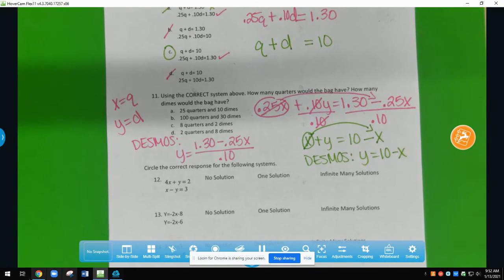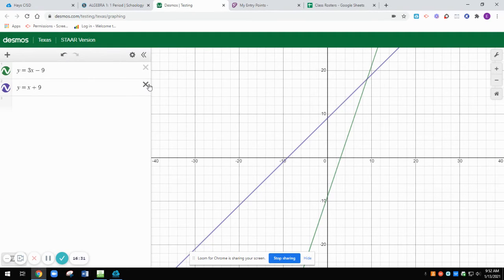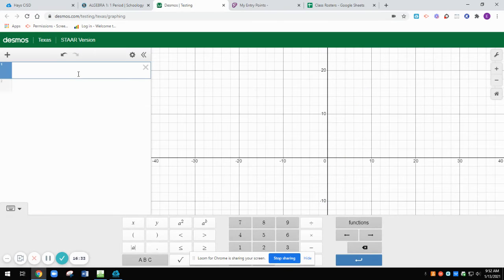So we're going to go to Desmos, clear out what you have. So we have Y equals, and I want that big fraction, so divide, 1.3 minus 0.25X, all over 0.10.